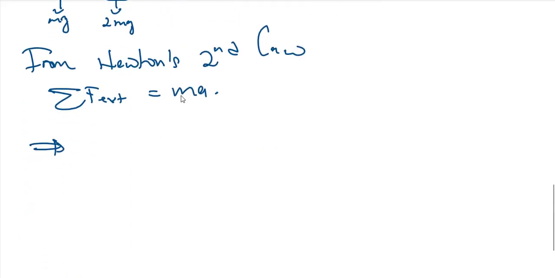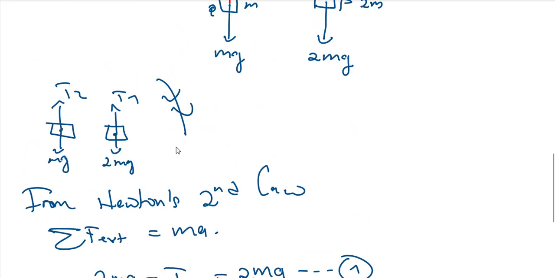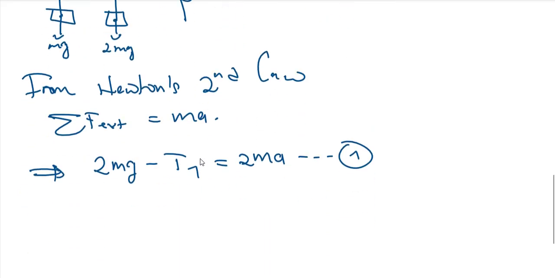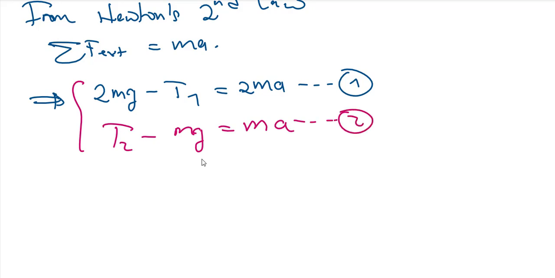So for system 1, I will have 2mg minus T1 is equal to 2ma. I will call this equation 1. Then for the second mass, since my acceleration is in the clockwise direction, it means T2 will be greater than mg. So I will have T2 minus mg will be equal to the mass m times a. So I will call this equation 2.